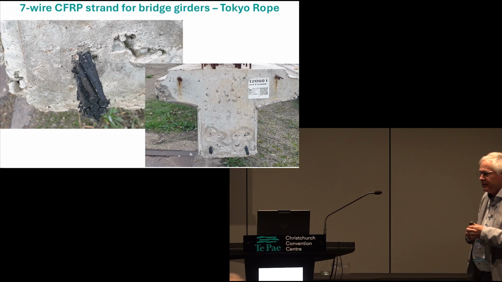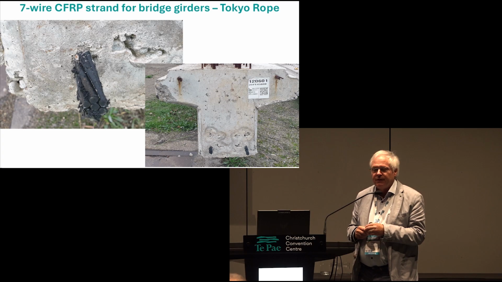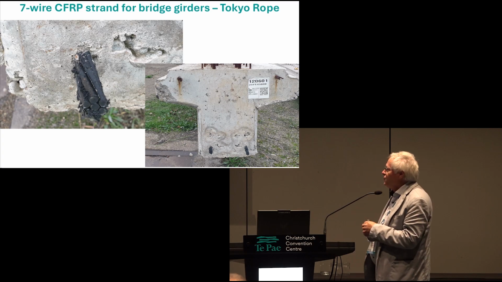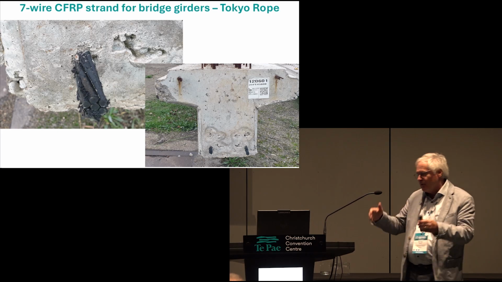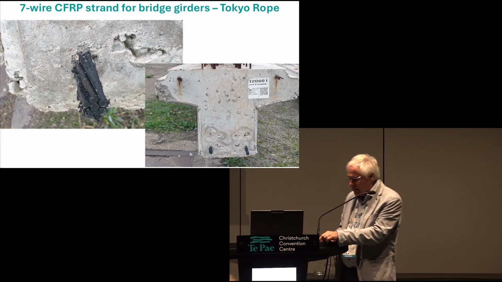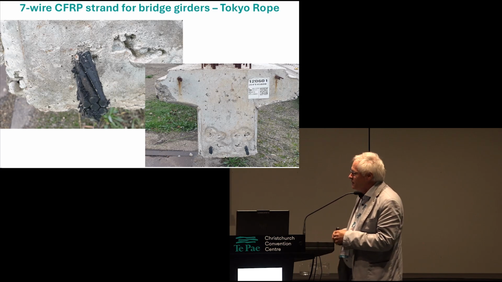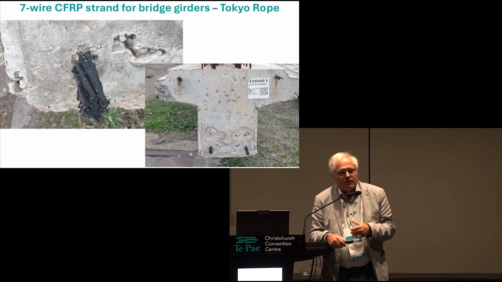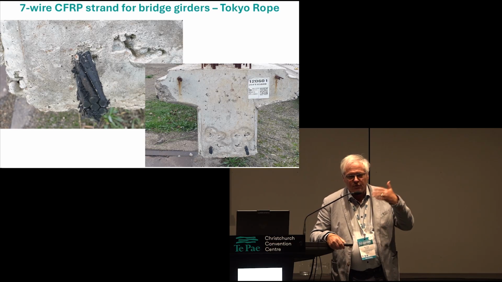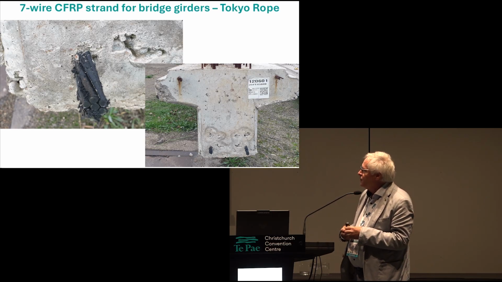You know very well that there are plenty of FRPs, different fibers and different matrices. I do not want to show all of them. The most important application of FRP is for pre-stressing because the strength of the fibers is rather high. We reach 3,000, 4,000 newtons per square millimeter with the fibers.